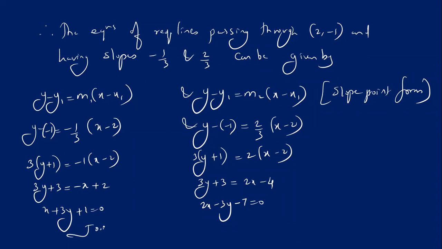Therefore the joint equation is what I get when I multiply them: x plus 3y plus 1 into 2x minus 3y minus 7 is equal to 0.